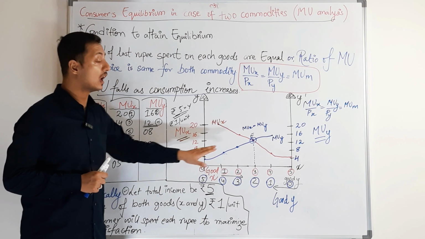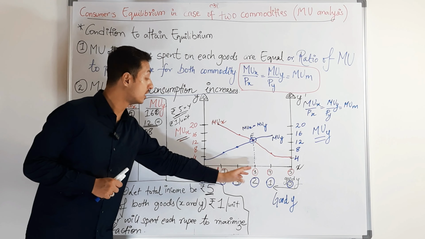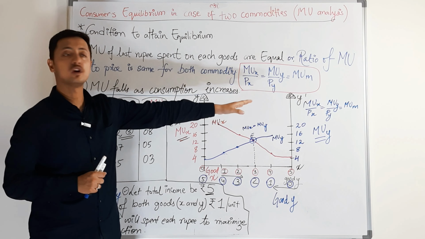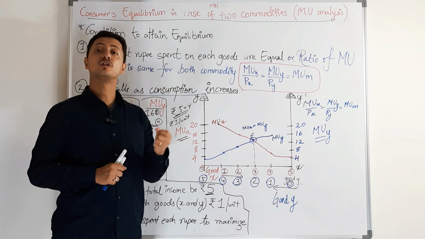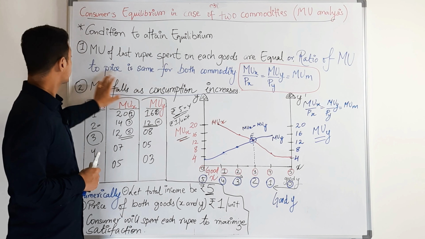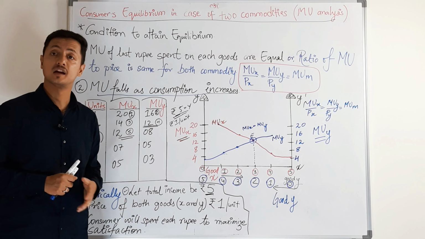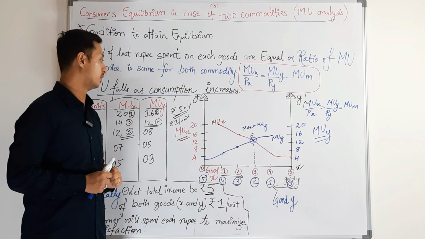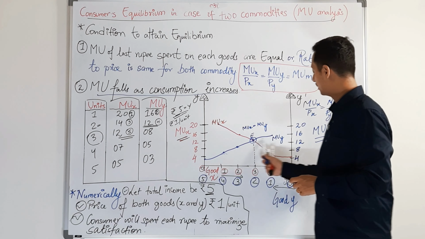That means we attain equilibrium when we are consuming 3 units of good X and 2 units of good Y. And both these conditions are satisfied here: MUx by Px equals MUy by Py equals the marginal utility of money, and the second condition, that marginal utility falls as consumption increases, is also fulfilled. Thus, the point E is equilibrium, and they are attaining 12 marginal utility each.